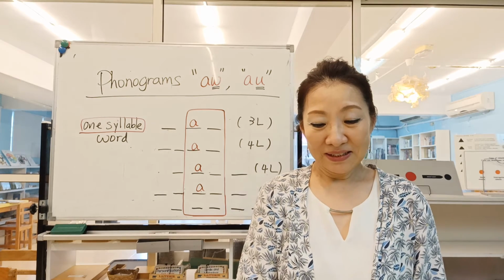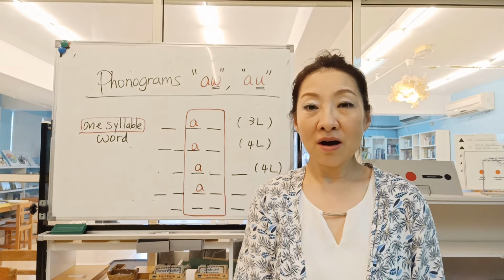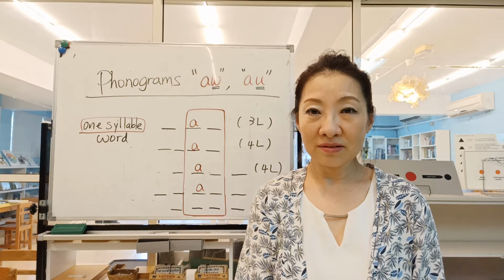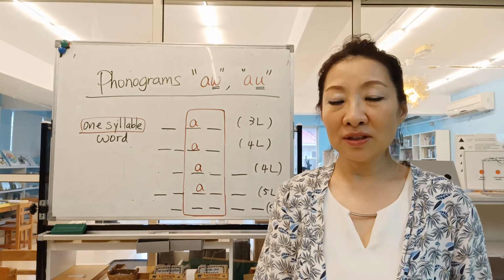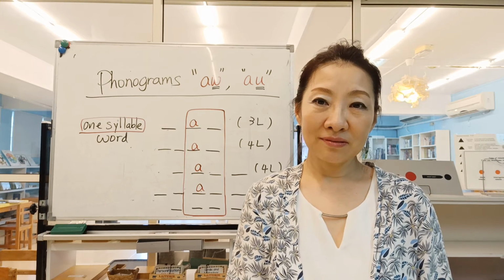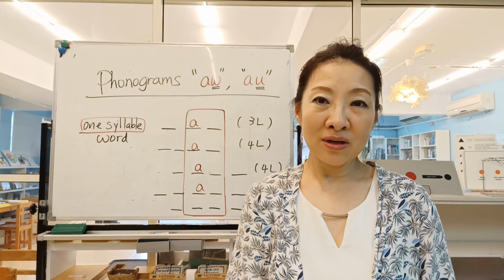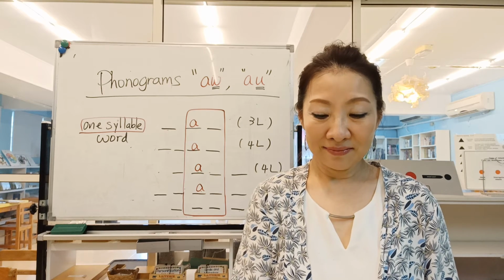Okay. Number 11, author. When you read a book, you like to know who wrote the book. Are you interested in knowing the author all the time? Every time you read a book.